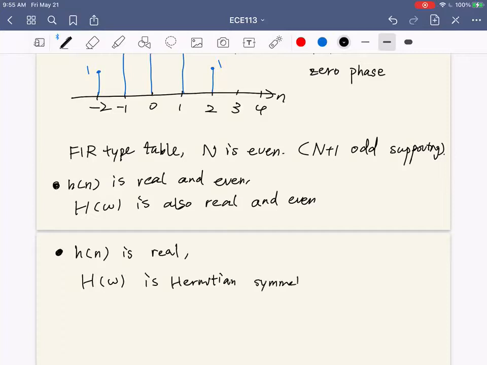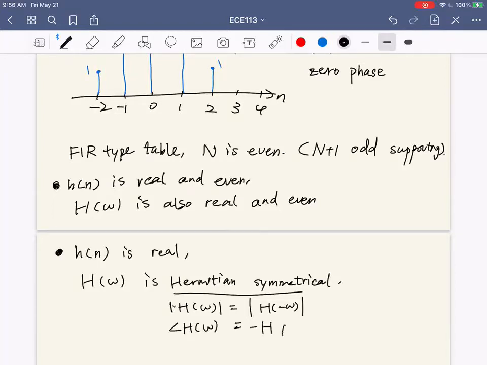In case someone forgot the definition, Hermitian symmetric basically means H of omega equals H of minus omega conjugate, and the phase response is the opposite when we take a negative value. Okay. Do I answer your question?